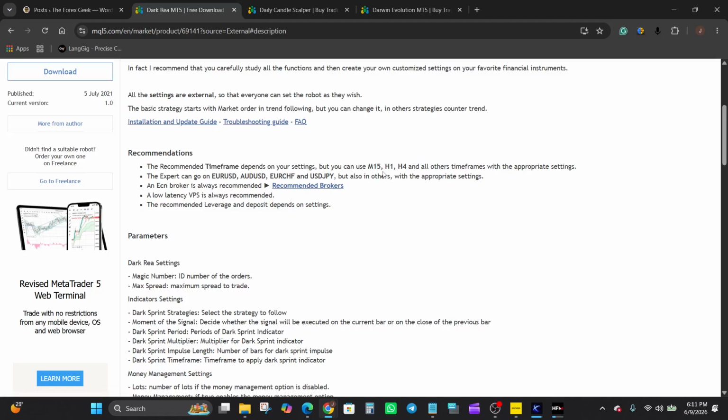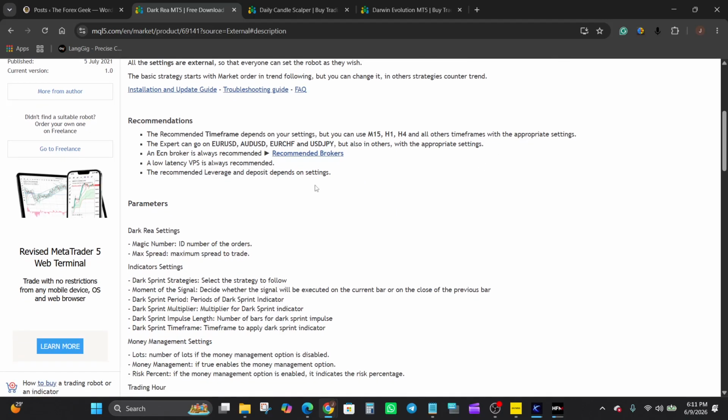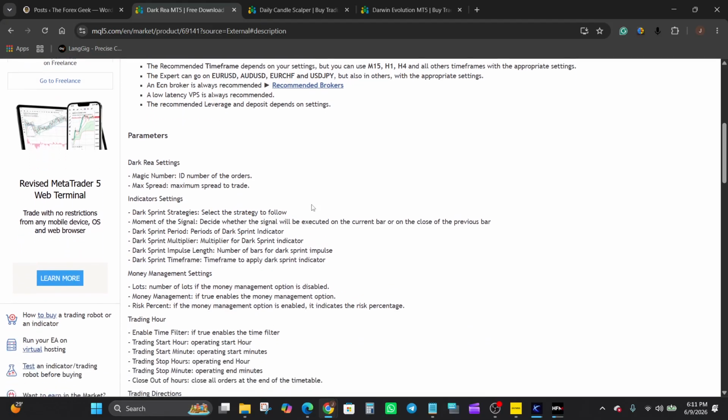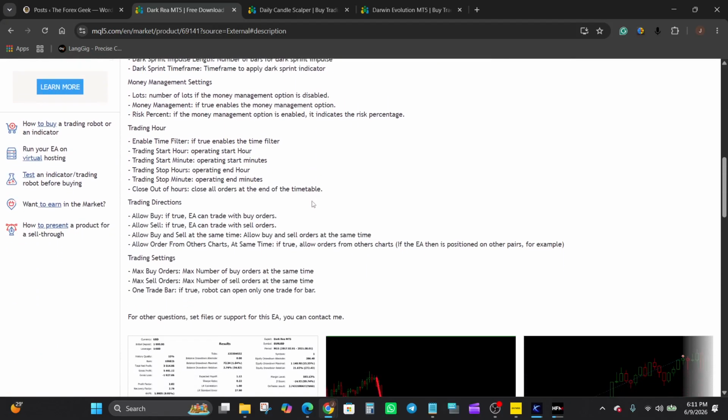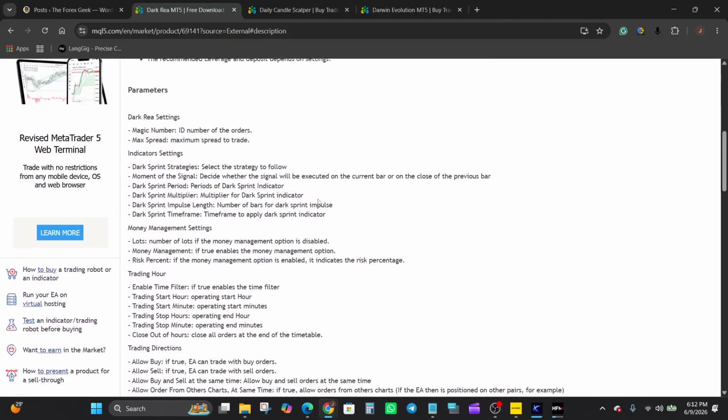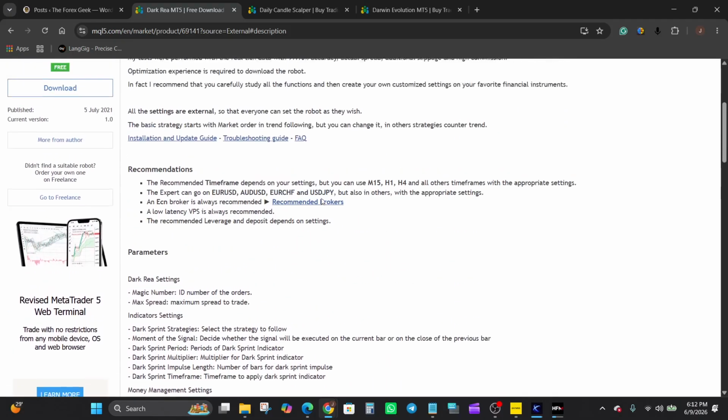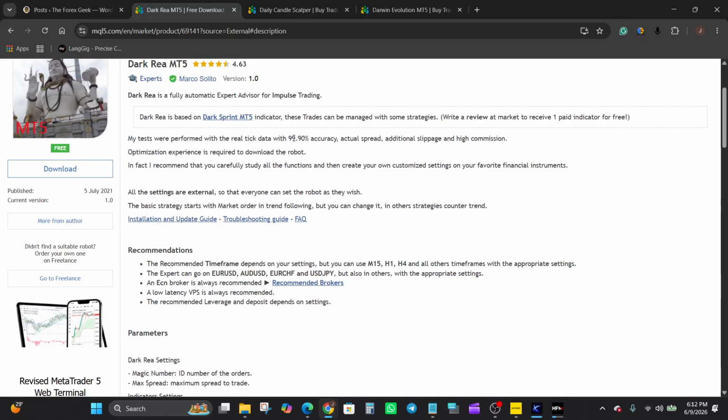Now, switching into the testing side, the information provided mentions that backtests were performed using real tick data with 99.9% modeling accuracy, including spread, slippage, and commission.